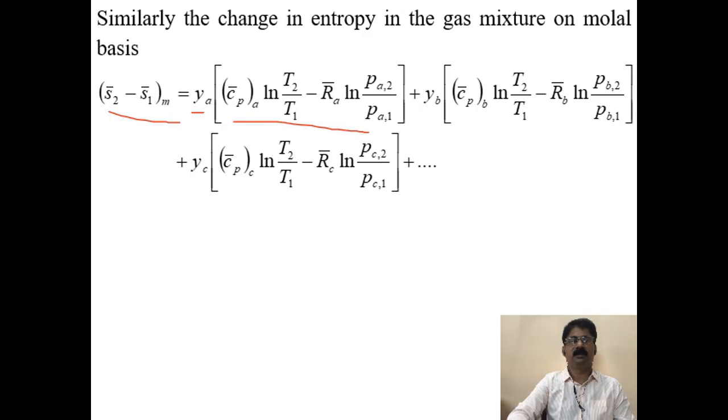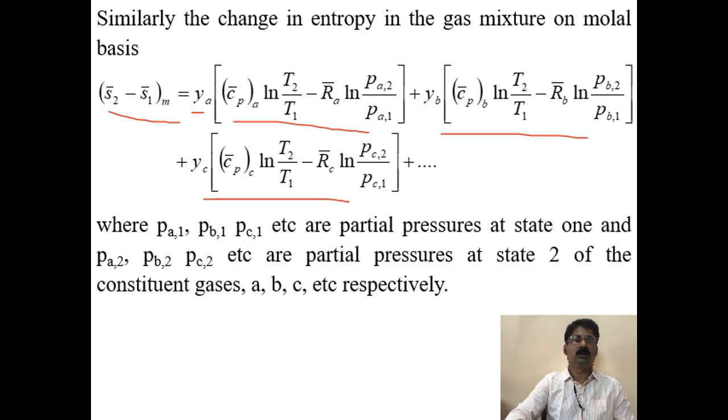This is for constituent gas A. Similarly, you can write it for B and C, and all are added to get the entropy change of the mixture on molal basis. Here Pa1, Pb1, Pc1 etc. are the partial pressures at state 1, and Pa2, Pb2 and Pc2 are the partial pressures at state 2 of the constituent gases A, B, C respectively.